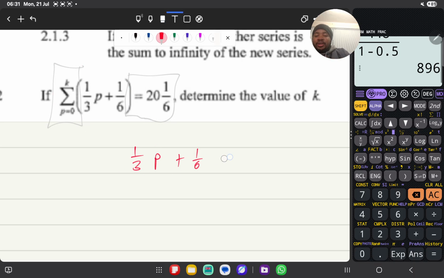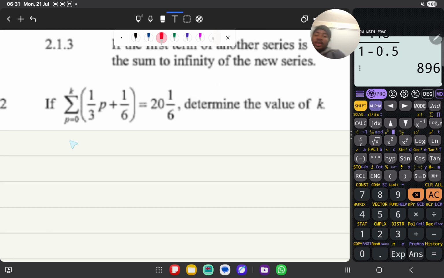Now when we look at the whole thing, we have an arithmetic series, and we are finding the sum to get 21/6, right? But let me show you something.